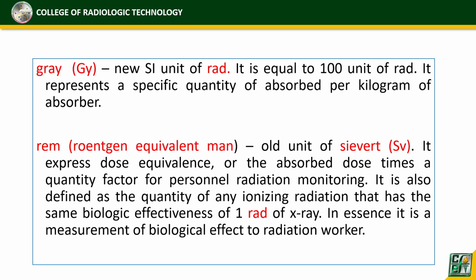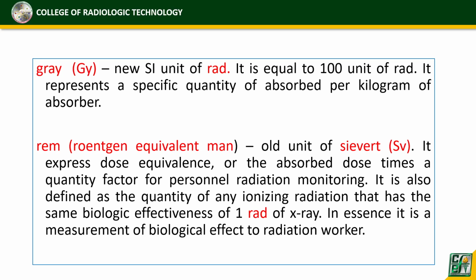So yung rem according to this slide, okay, so alam natin it's the old unit for sievert. So it expresses the equivalent dose, or the absorbed dose times the quality factor, for radiation personnel monitoring.